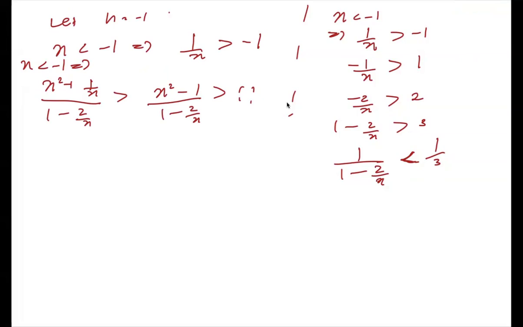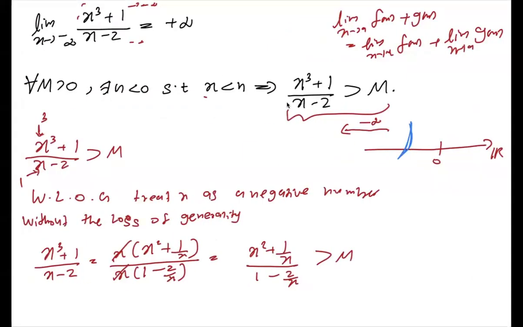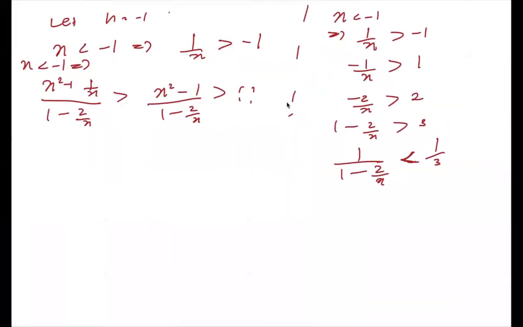Because we need to show it is a kind of positive infinity, so we need to get something smaller than that one, which is still larger than a positive number. So we have to get something smaller than that one. From here, it doesn't happen.